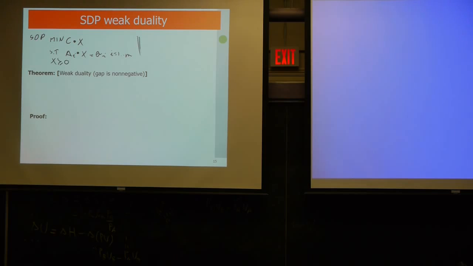And the dual of this SDP is we want to maximize b transpose y, where y is m-dimensional, subject to the matrix C minus the sum of y_i A_i.